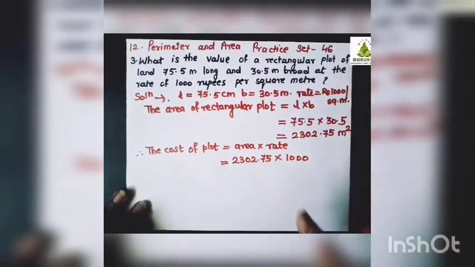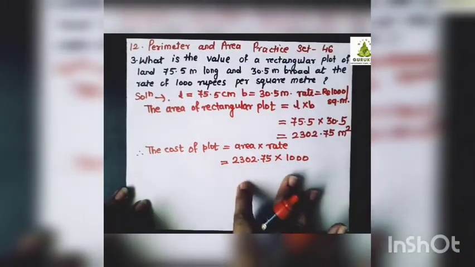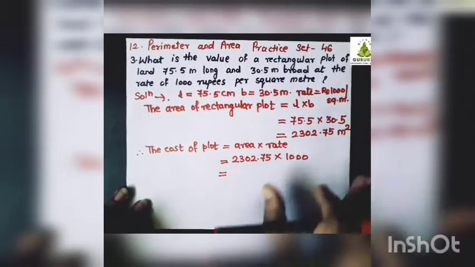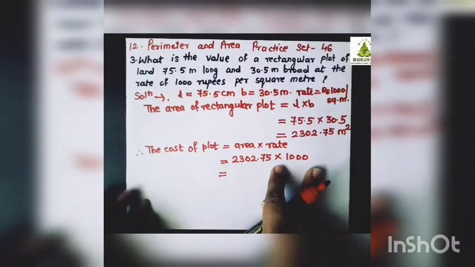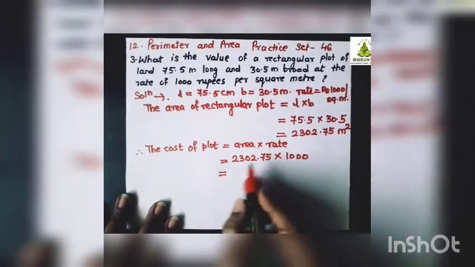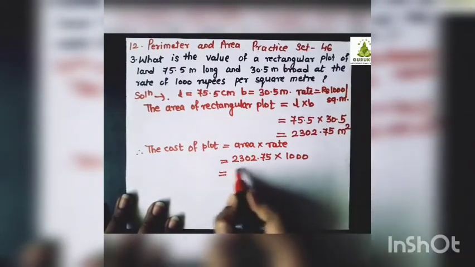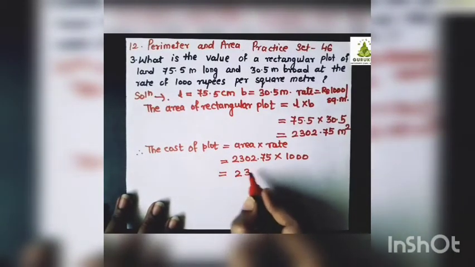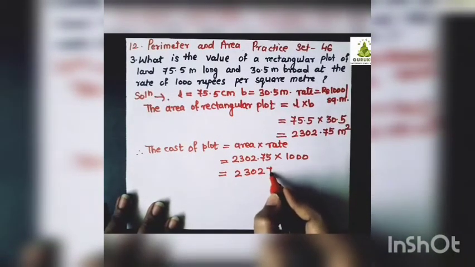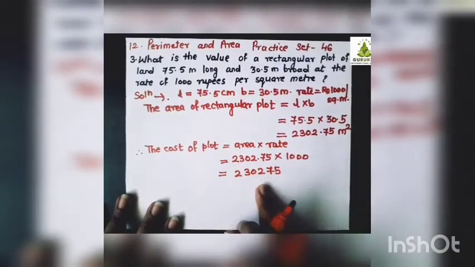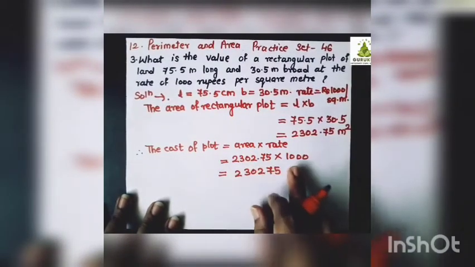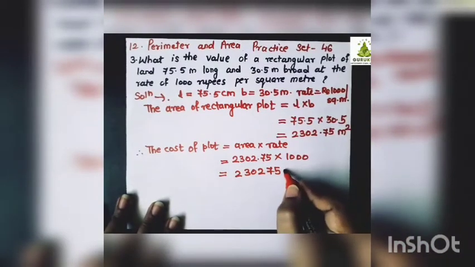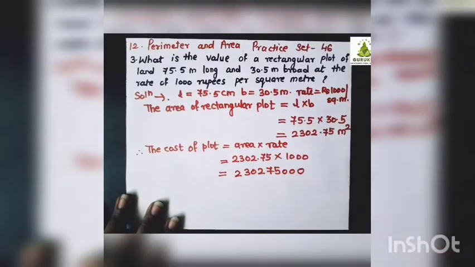Now you may get confused by looking at such a big number. No need to get confused. If you are multiplying by 1000, what is the trick? You have to write down the given number as it is. Don't put the decimal point initially. 230275, all digits you have to mention. On that, how many zeros will we put? Yes, we will put 3 zeros, 1, 2 and 3.